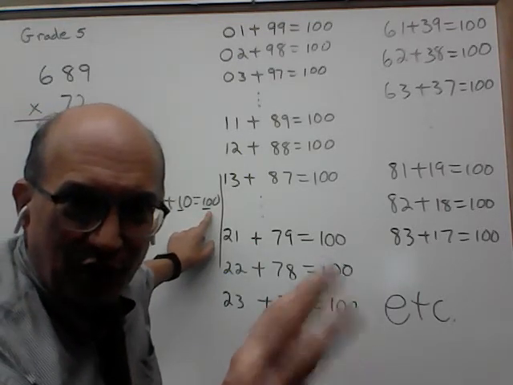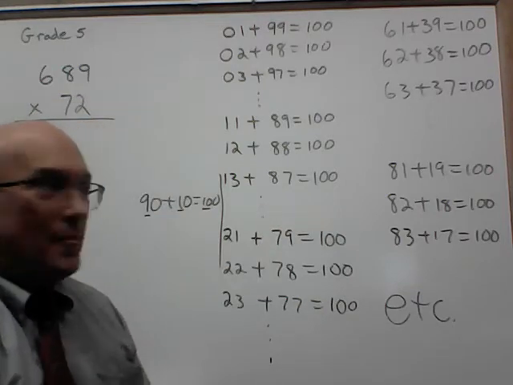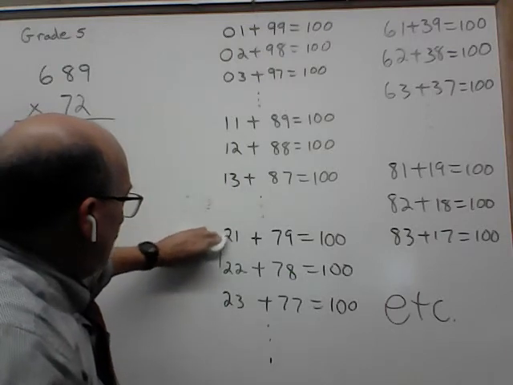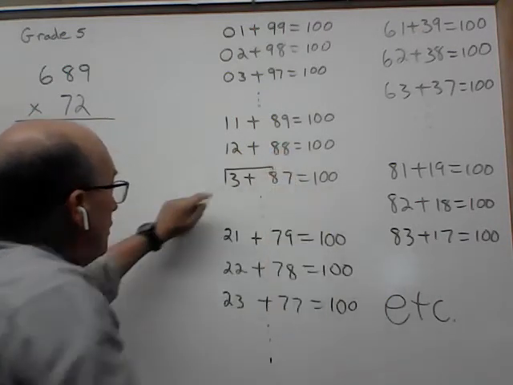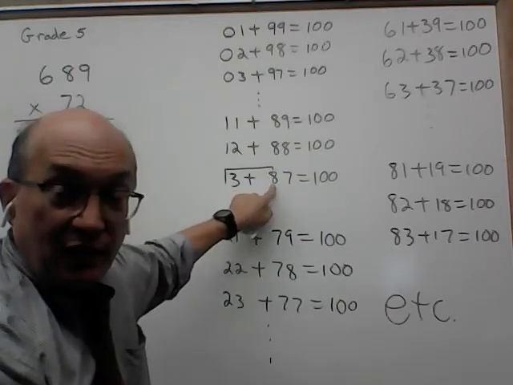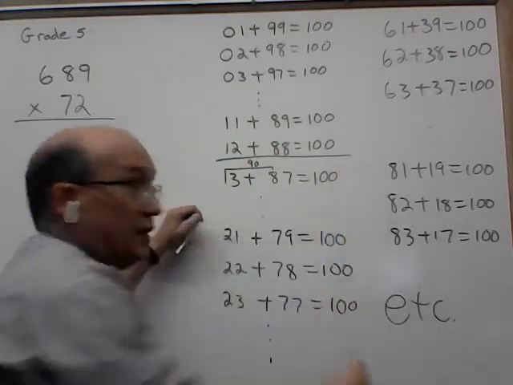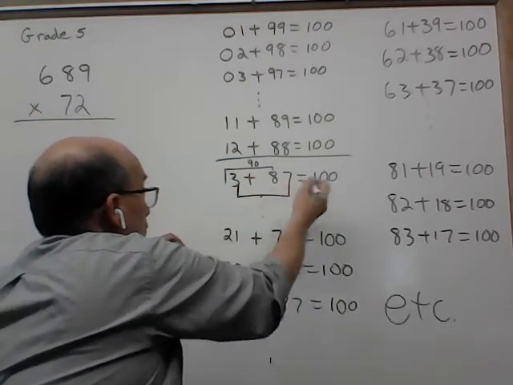Now, we can't put 2 digits in the tens place, so it becomes the 3-digit number 100. So let's go back to that 13 plus 87, and let's find the 90 plus 10. Where's the 90? Well, right there. 1 ten plus 8 tens is 9 tens, or 90. So we need another 10. We need one more 10. And we, of course, find it with 3 plus 7.